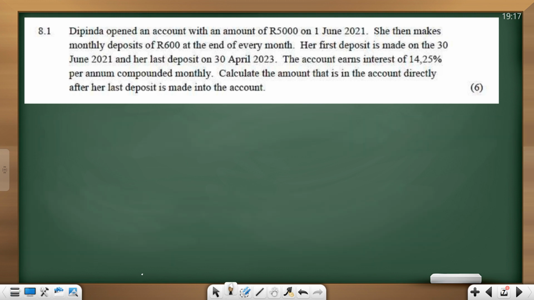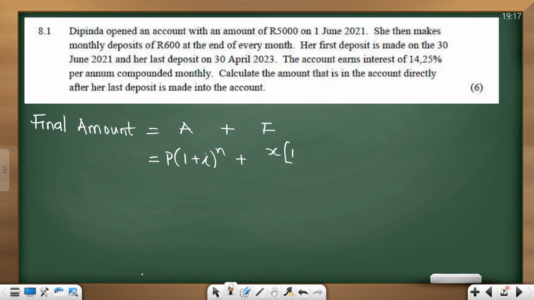Okay. So the final amount should be equal to A plus F. Do we agree? What is our A? P(1 + i)^n plus, what's our F? x[(1 + i)^n - 1] over i.